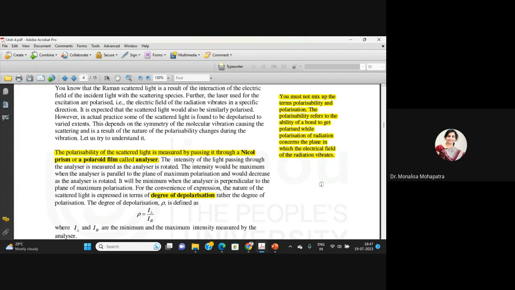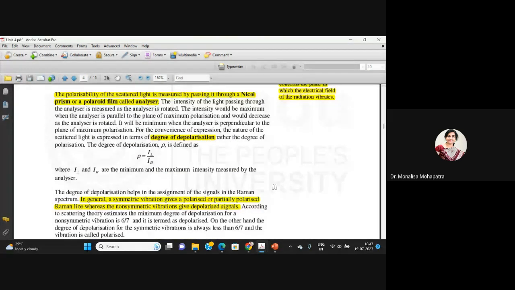Molecular polarization is different. That is the shifting of the electron cloud of a molecule. But plane polarized light or depolarized light is related to the light part.